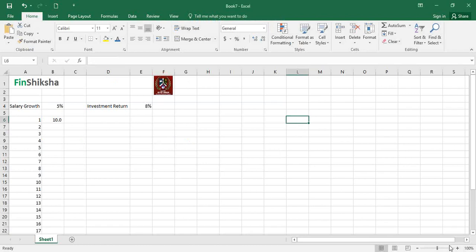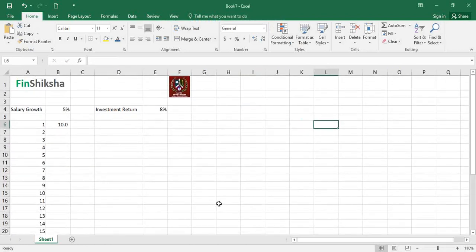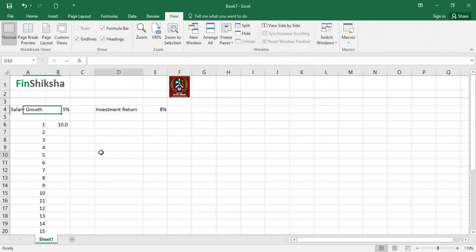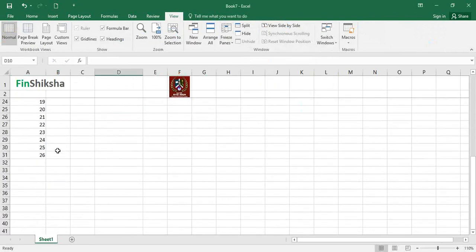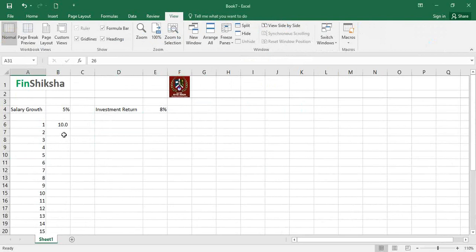So on our Excel file, we realize that there's a salary growth number here, and we are going to basically look at the number of years that the person is going to work. So that's here, 26 years, correct? Now, today's salary is 10 lakhs. So next year's salary would be 10 lakhs multiplied by 1 plus the growth rate in salary.